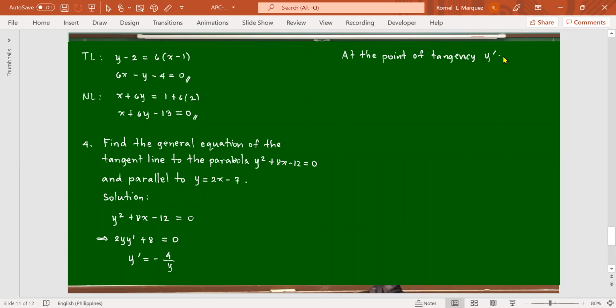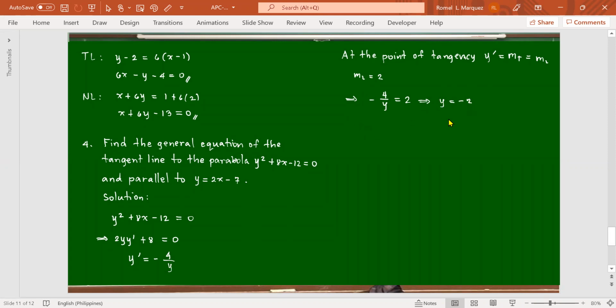Okay, guys? At the point of tangency, y prime is equal to the slope of the tangent. A tangent is what? Parallel to this line, and that is equal to the slope of the line. And what is the slope of the line, guys? Positive 2, no? So hence, negative 4 over y is equal to 2. We can solve immediately here the y value. Is it negative 2, guys?